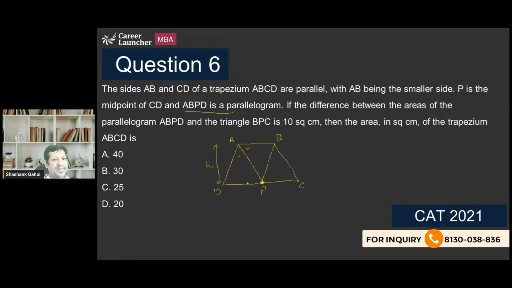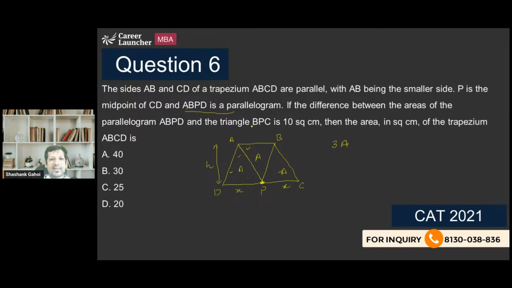The bases are the same because P is the midpoint, this is x, this is x. So the area of this triangle and this triangle is also going to be the same. So the area of this is A, the area of this is A because they have the same base and same height. And the area of this is also A because APB is half of the parallelogram. So the overall area is going to be 3A, and that's going to be 30 only because there is only one option that is a multiple of 3.